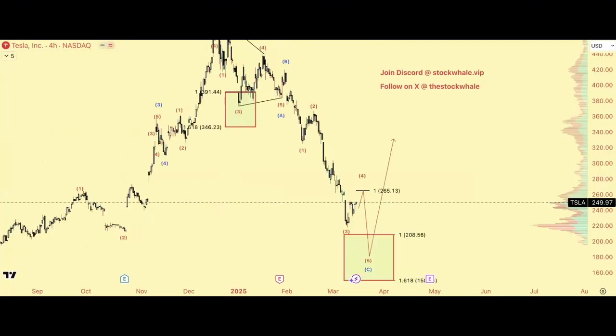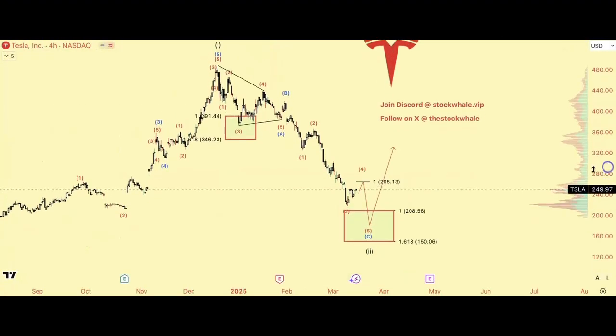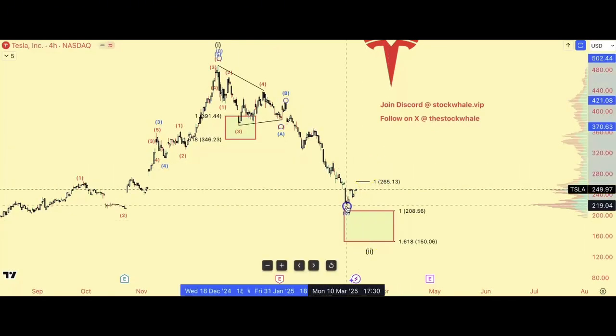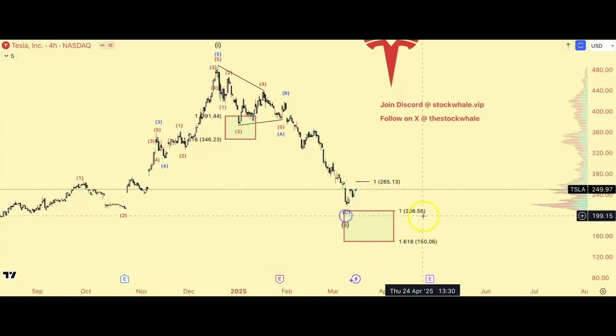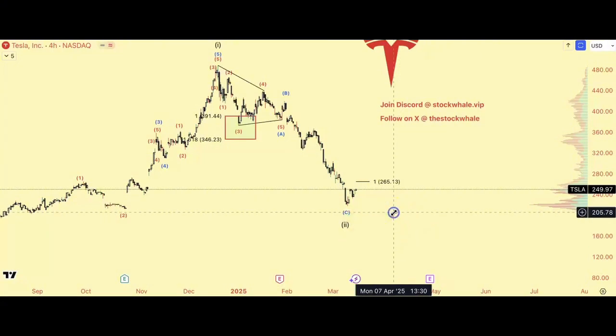And basically, guys, the second scenario is that we could have bottomed for Tesla here, where all of this is a C wave coming up for a wave 2 here. Okay, this is definitely possible.